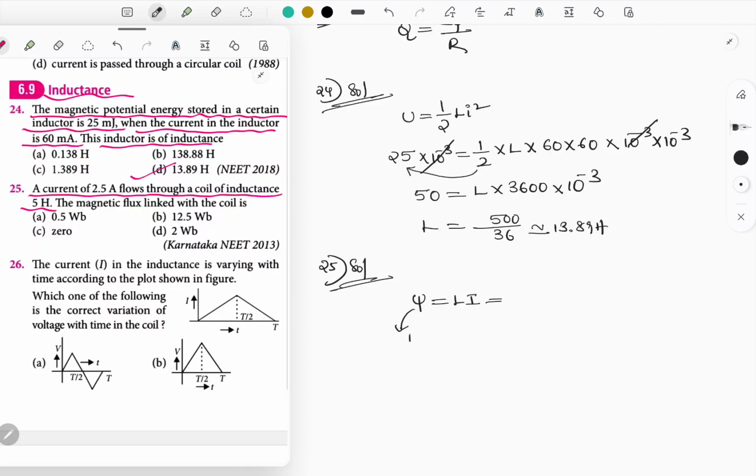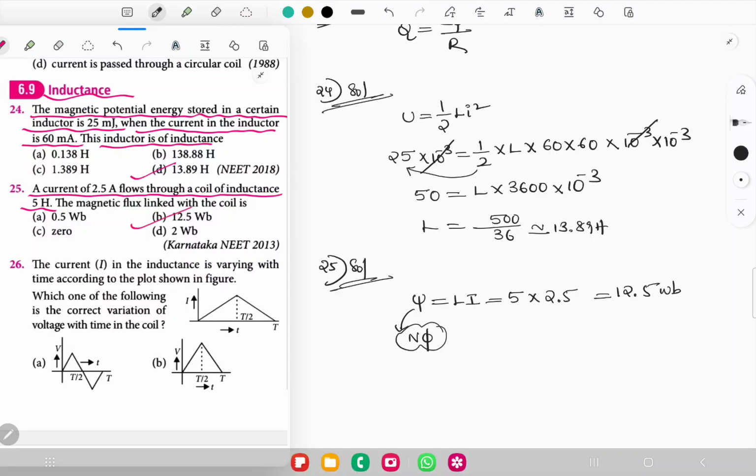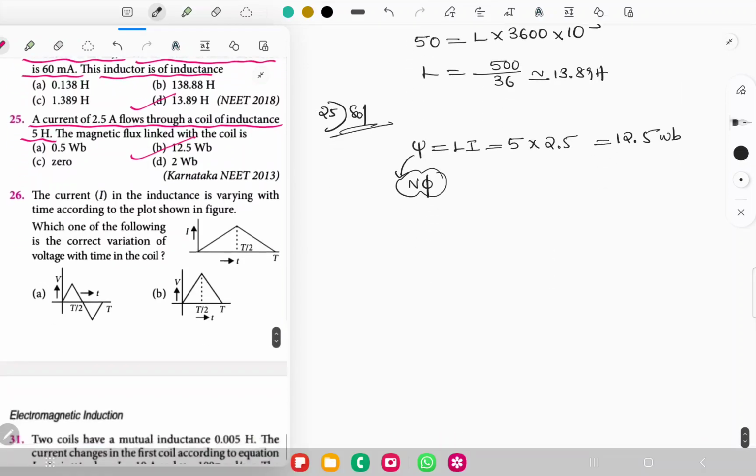It is actually written as N into phi, where N represents the total number of turns. So finally we are finding the flux only. The L value they have given is 5 and the I value is 2.5, which is equal to 12.5 Weber. Which option? Option B is the correct answer. Okay, let's move on to the next one.